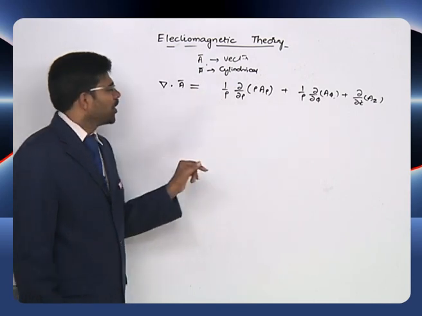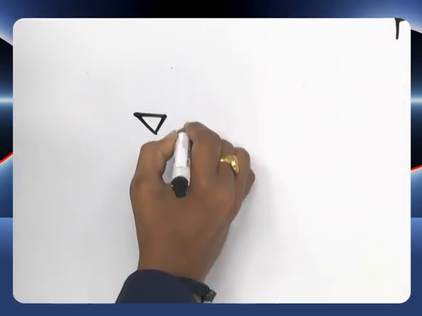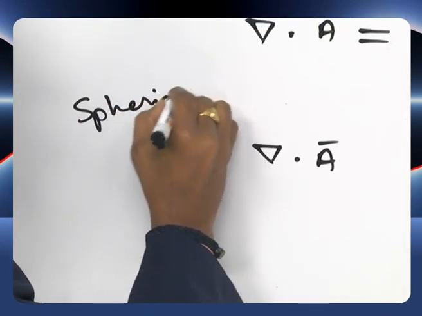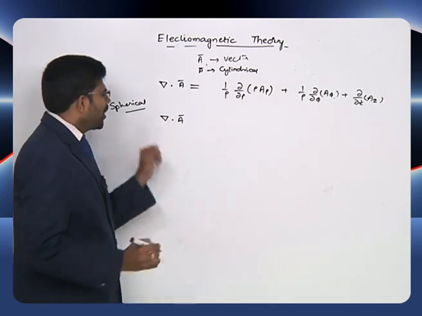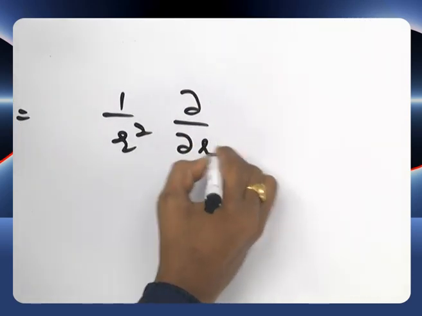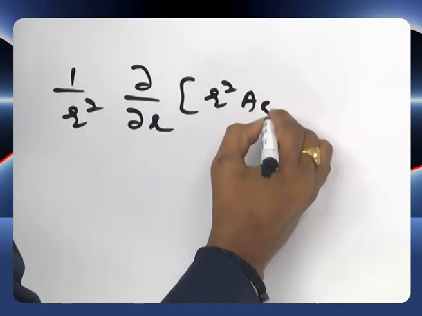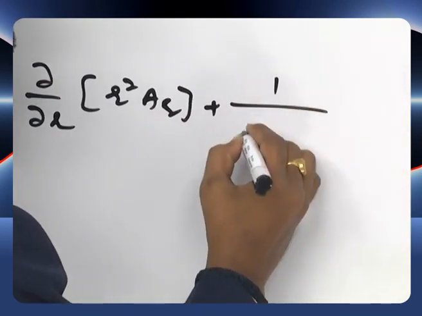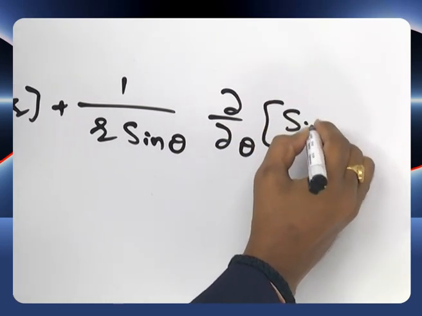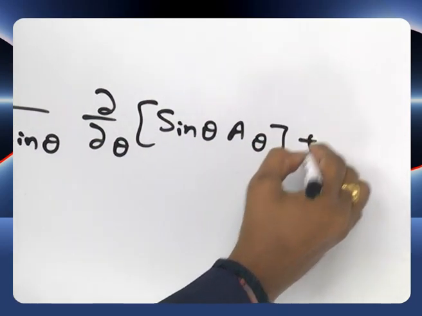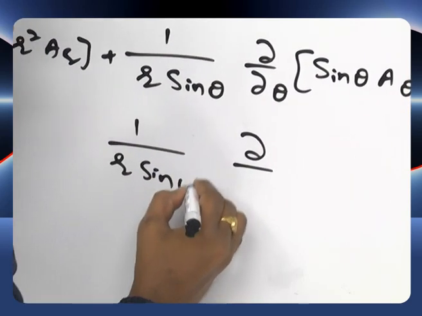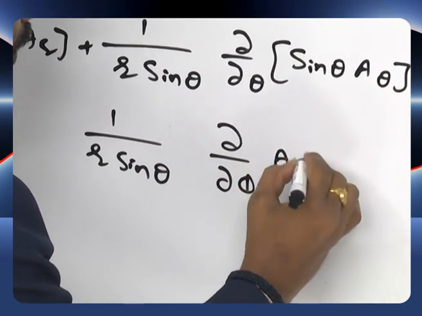If you are considering this in spherical coordinate system, let us take this a bar is in spherical coordinate system, then del dot a bar is equal to 1 by r square dou by dou r of r square a r component, plus 1 by r sin theta dou by dou theta of sin theta a theta, plus 1 by r sin theta dou by dou phi of a phi.